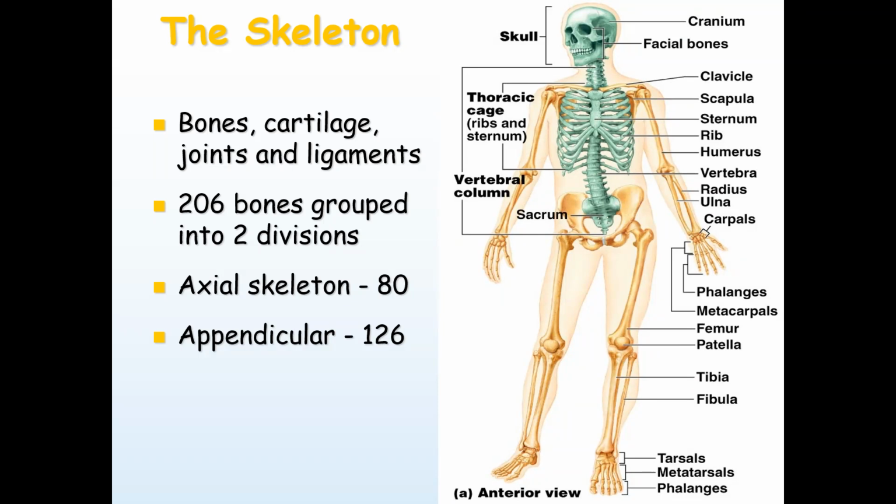Now, in an adult, okay, so this is for adults, there are on average 206 bones in the body. Now, I say on average, because guess what? There are some people that have slightly fewer bones than others, and some that have a few more than others, right? There's genetics to this.